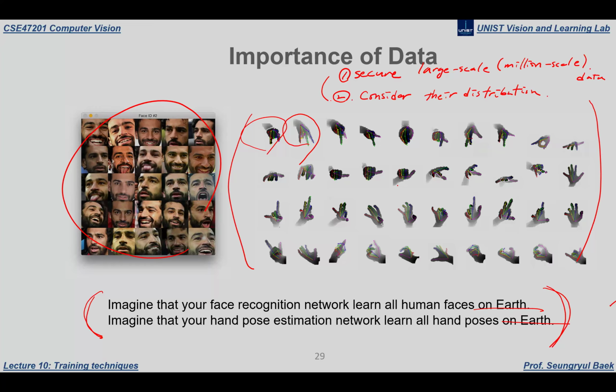Even though we secure a lot of data at large scale, if they have very similar samples, then the training might not be very good. Are you guys understanding this? It is a natural thing, right? First, we want to secure the quantity of the samples, but we also have to consider their distribution. Are you guys understanding this?